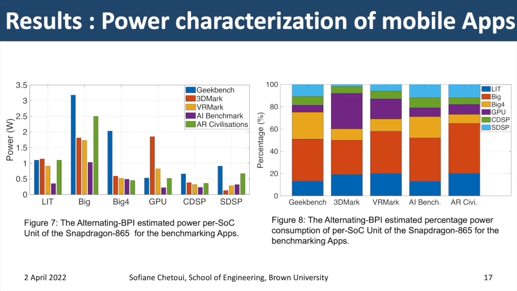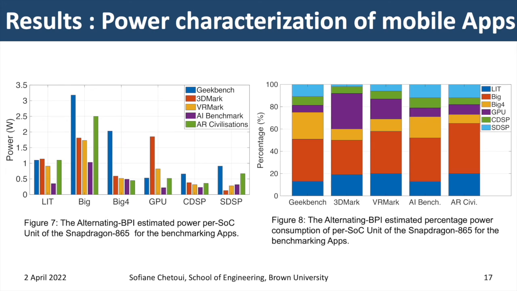Secondly, the little cluster plays a major role in saving power, with a power consumption up to 5x less than the power consumption of the big and the boost cores. As well as the fact that the CPU frequency boost has a very low power efficacy.